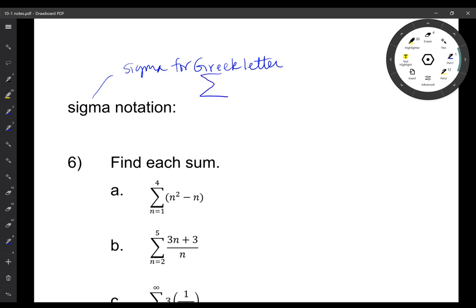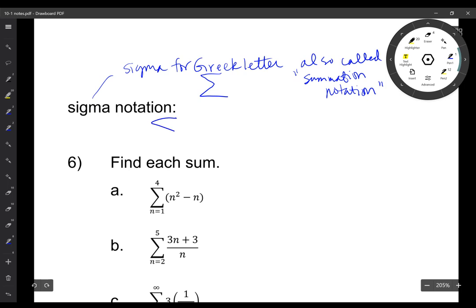I know you've seen it before. It's also called summation notation, and that's because we're adding a bunch of things together, right? We're summing. Both of these are commonly used words in textbooks, so I just want to make sure you get to see both of them.